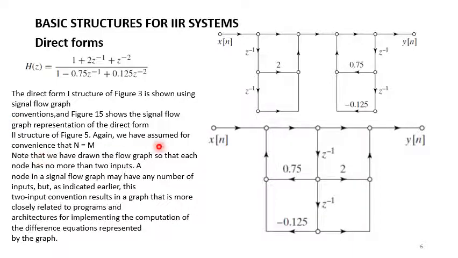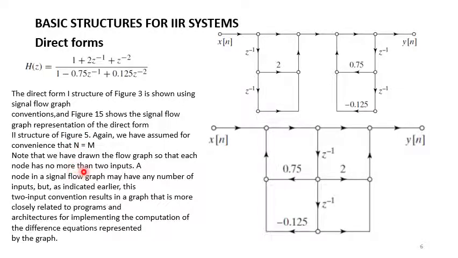So here we have assumed that n equals m, that is, the order of both the poles and the zeros is the same. You understand, if the orders are not the same, for example m is greater than n, then the coefficients for the case where they are not equal will be assumed to be 0.